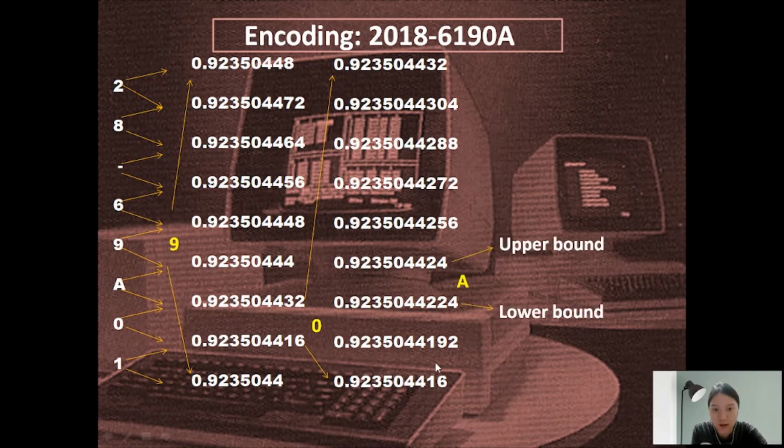Lastly, we encode the end of transmission mark, which is A, and the value ranges from 0.9235044224 to 0.9235044424. This is going to be our lower bound and this is our upper bound. Since this is the end of transmission mark, we're going to stop encoding here.